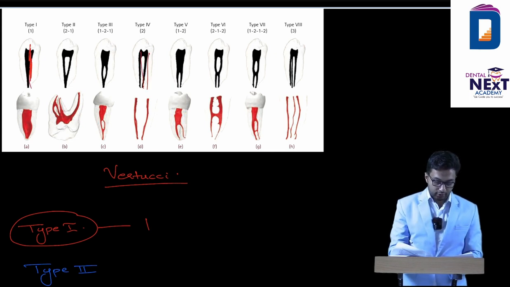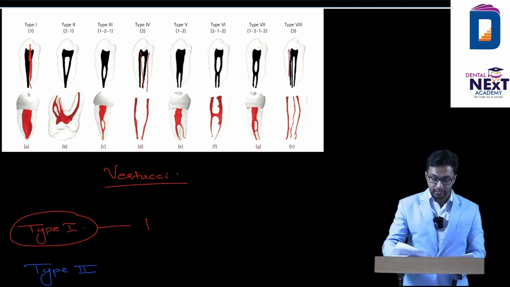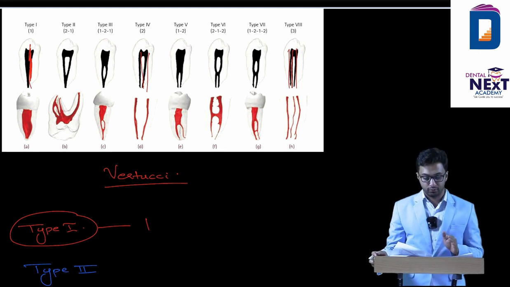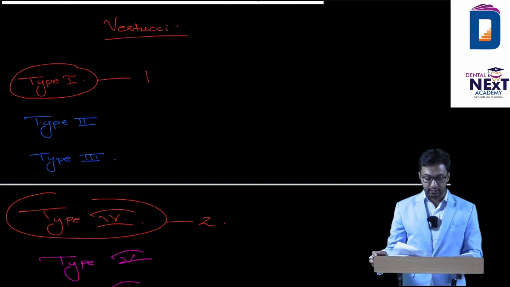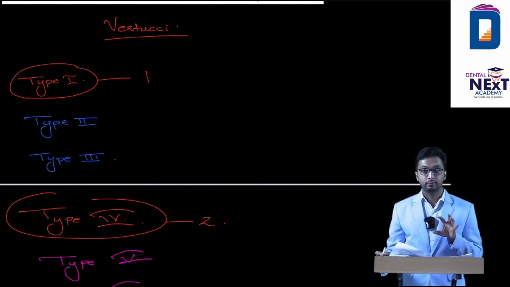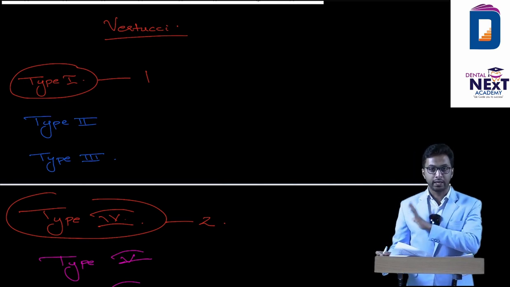Then type 4 is simply 2 canal system just from beginning to the end, and type 8 from beginning to the end is a 3 canal system. Now here the classification begins. This is where we are going to start. So you're going to leave one area. Type 1 is 1, type 4 is 2, type 8 is 3. So 1, 4, 8 is 1, 2, 3 canal system.